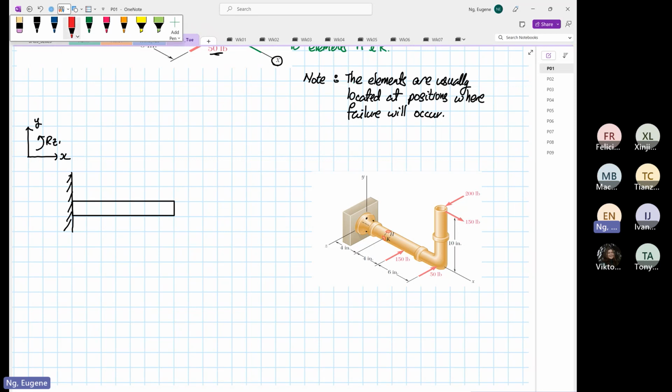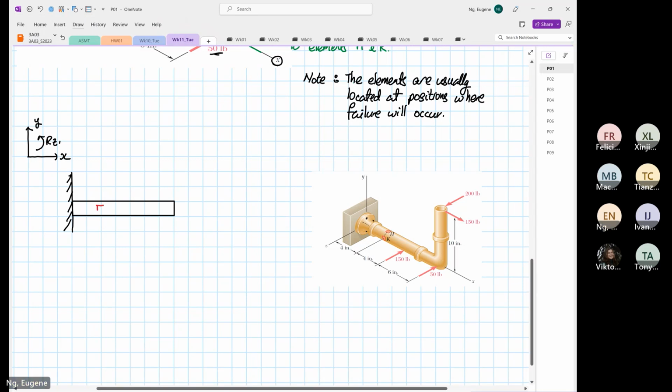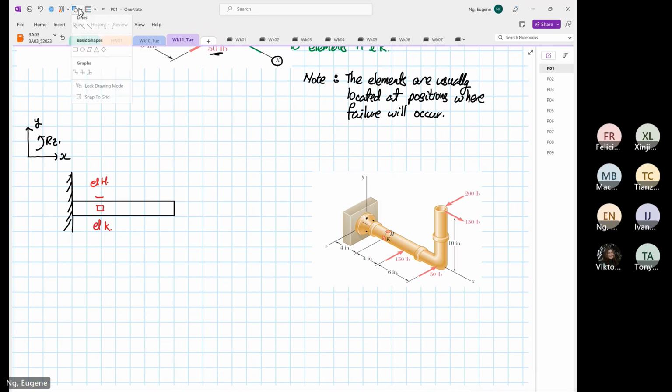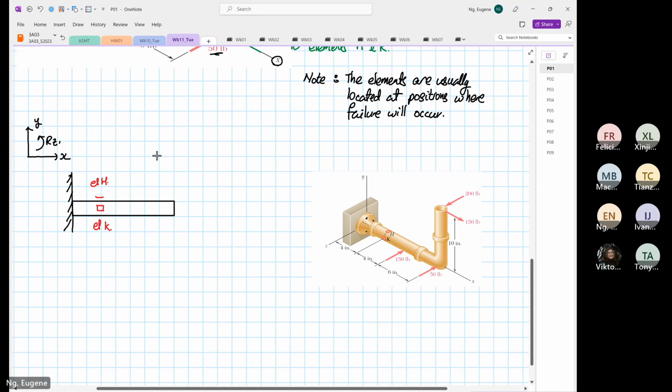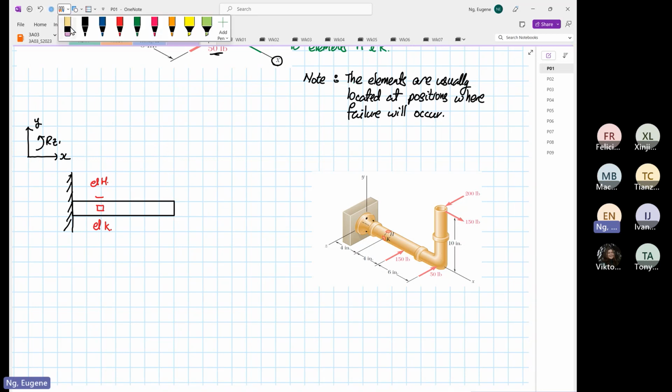Over here, we know this is the position of our element K, and over here is our element H. And then we have a vertical. As I say, this is a sketch. I beg your pardon, I have to change this to black.